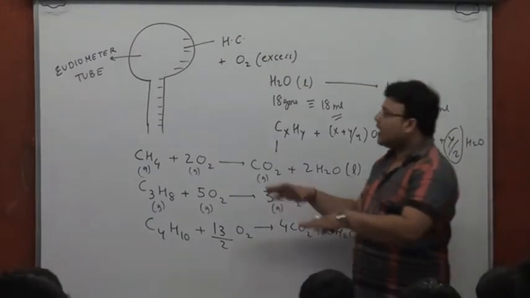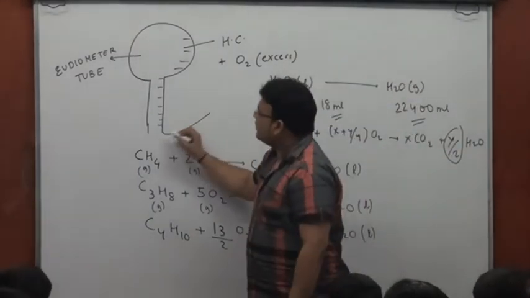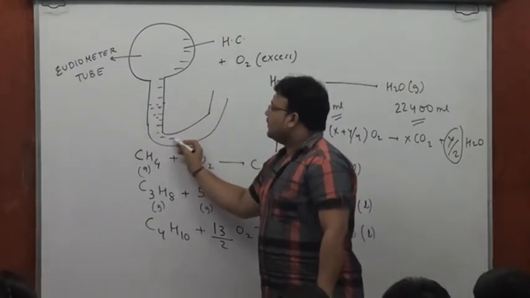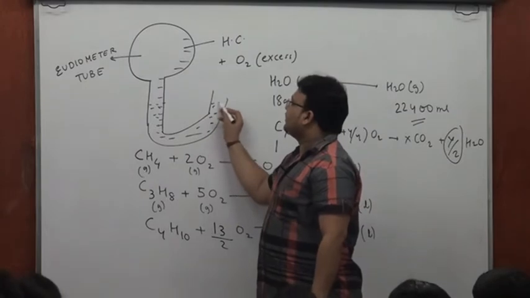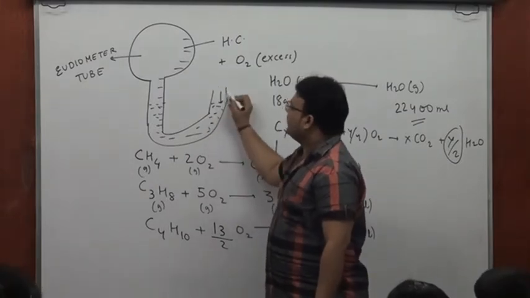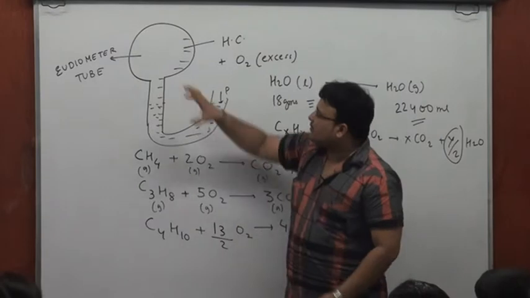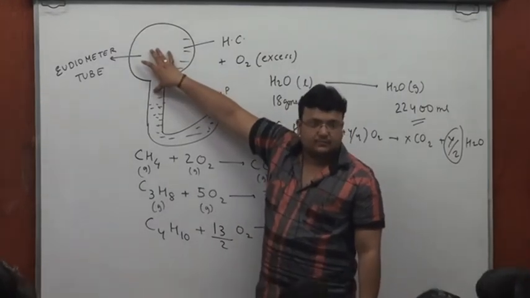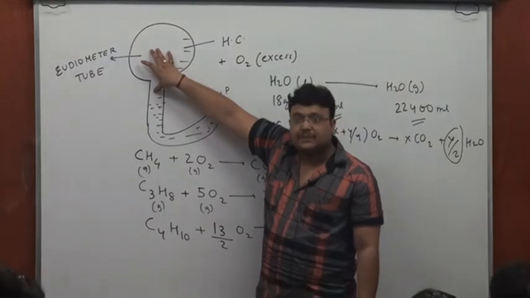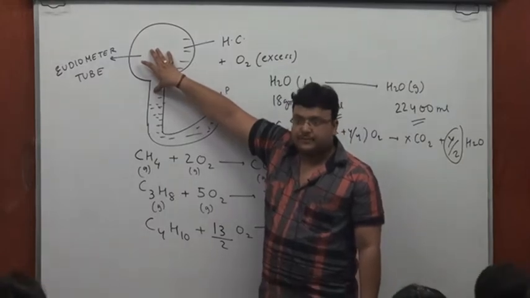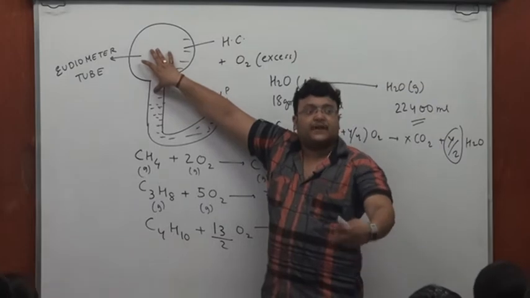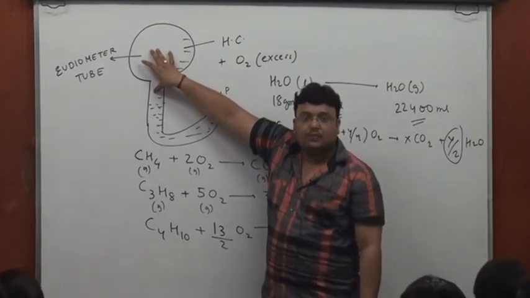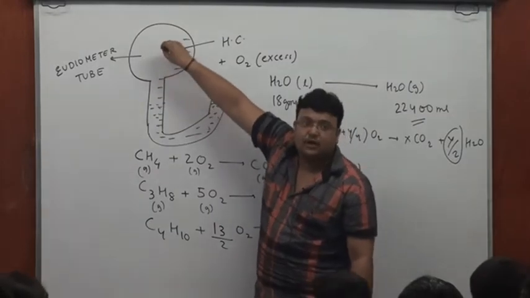So in that case, every time there will be a decrease in volume. Now I have an arrangement where suppose I have a liquid out here and I have balanced the water levels by any of the means. This is atmospheric pressure, I'm keeping the pressure constant. I'm keeping temperature constant. If I'm not letting pressure or temperature change, a decrease in volume will be reflected as a decrease in volume here also.